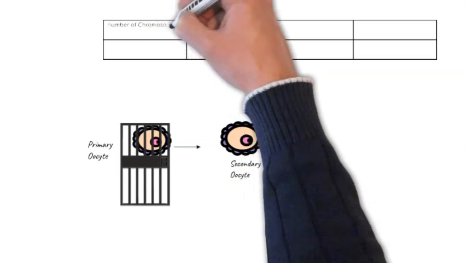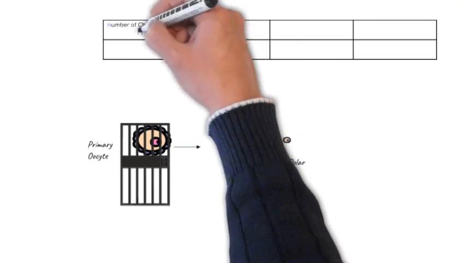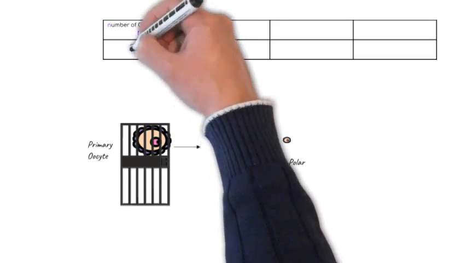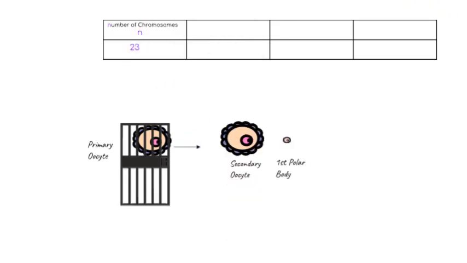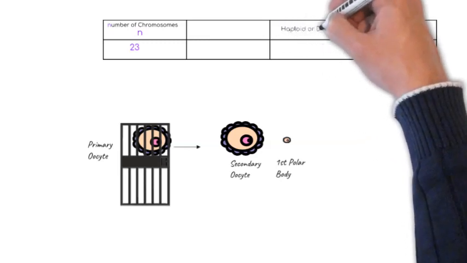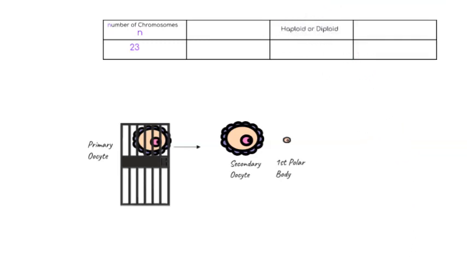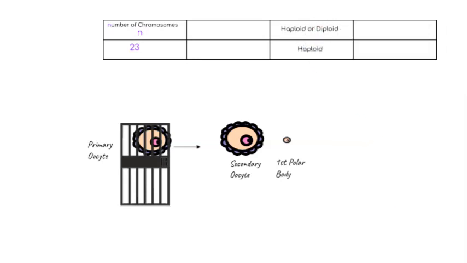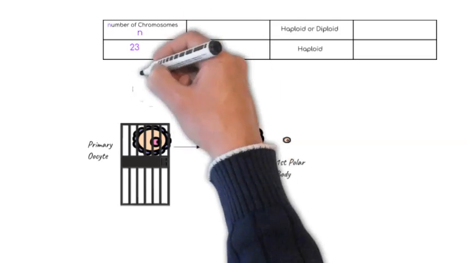So when that first split happens, let's talk about the number of chromosomes. How many chromosomes are in each? 23. 23 is in each. So once you see 23, is this haploid or diploid? Haploid. Very good.